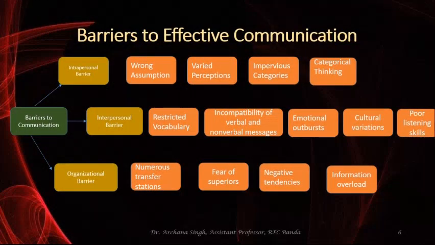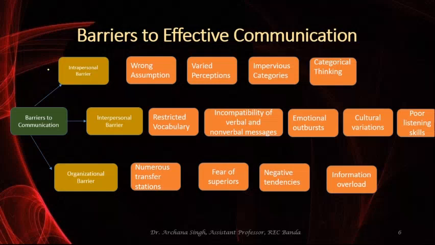Barriers to effective communication can be classified on the basis of three levels: intrapersonal barrier, interpersonal barrier and organizational barrier. We have studied that communication takes place at various levels in the previous sessions also. Intrapersonal means communication within the person itself.